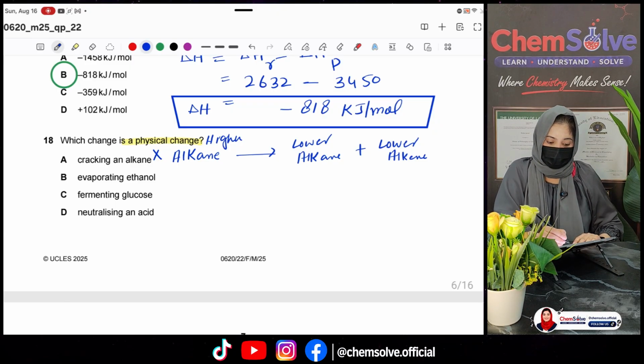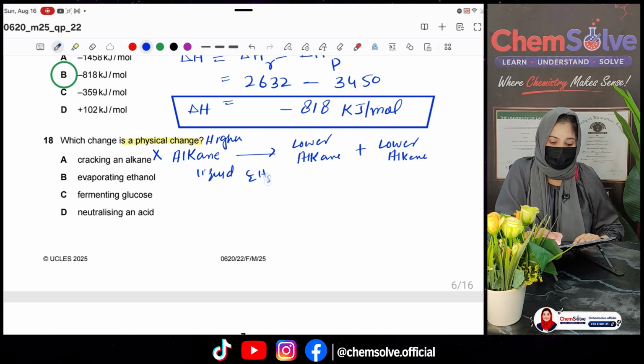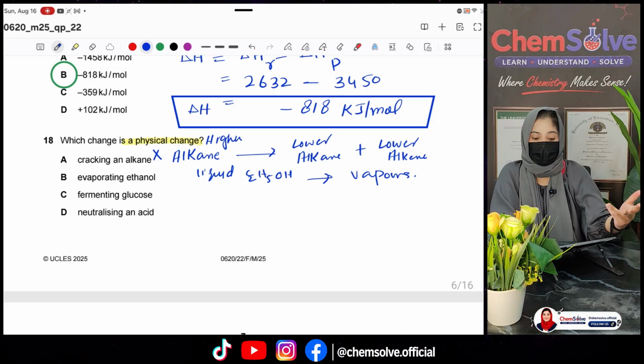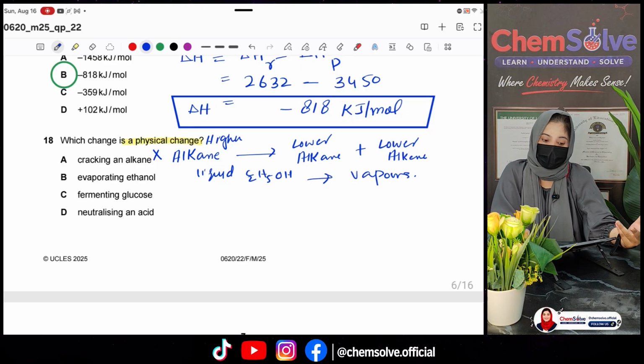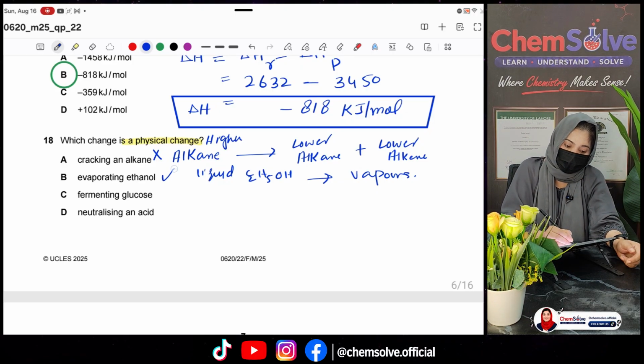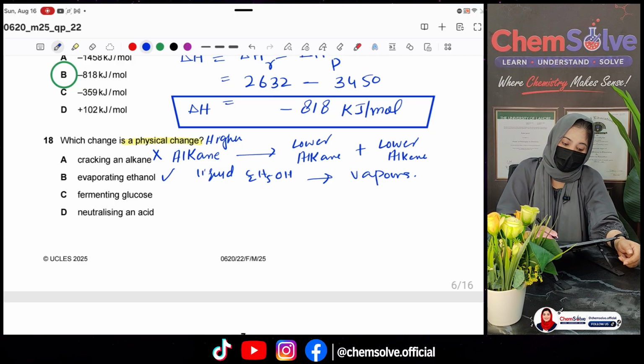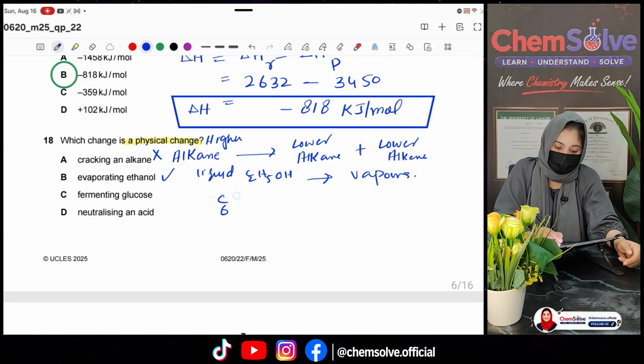Evaporating of ethanol. So in evaporation, the liquid ethanol changes into vapors. It does not change its composition. It does not change its chemical substance. So it could be the option. Look at C and D as well. Fermenting glucose. So glucose is C6H12O6.